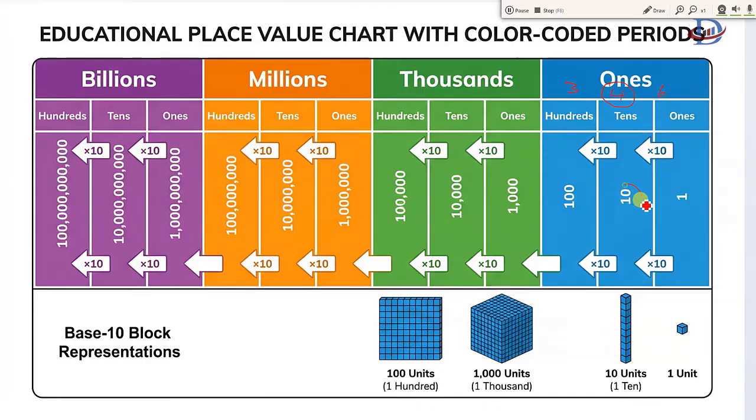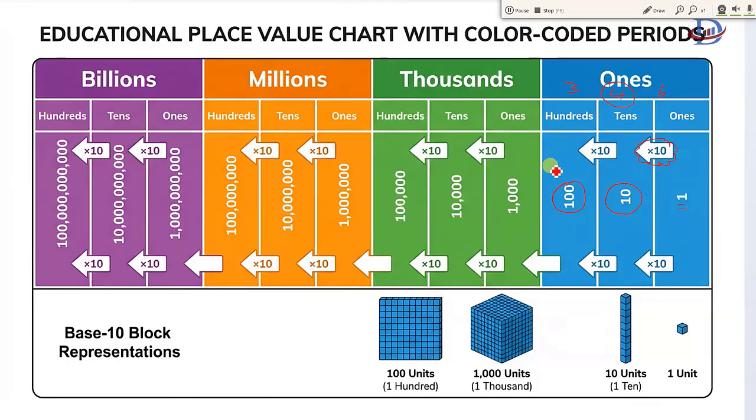Tens means that the digit in this position is 10 times bigger than the previous digit. So this place holds the value of 10, 10 times more than the previous one. So 10 times 10, you get 100.